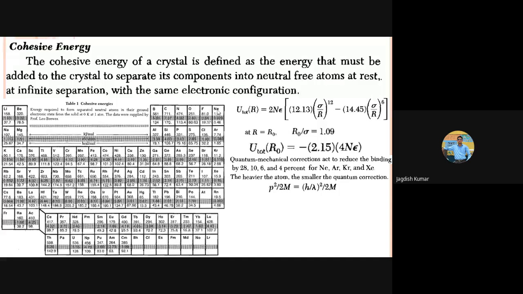They are in neutral form, so whatever their electronic configuration is, they are brought back to that. Conceptually, cohesive energy is the amount of energy which must be supplied to a crystal in order to break it completely and take the constituent atoms far away from each other, so that those atoms are not at all interacting with each other.